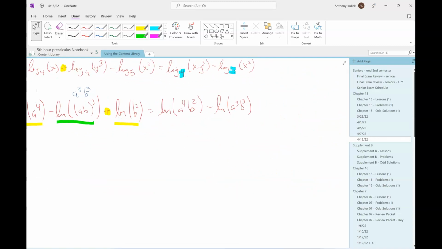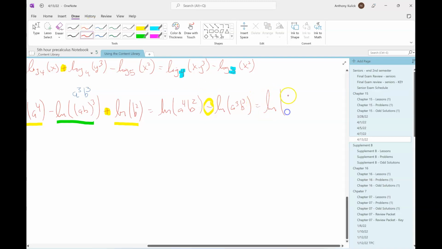Now, finally, last thing we check for is quotient property. Do we see a quotient property here? Yes. So I'm going to have the natural log of a to the fourth b squared over a cubed b cubed.